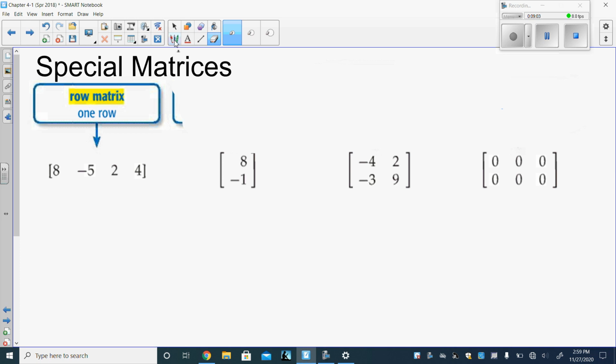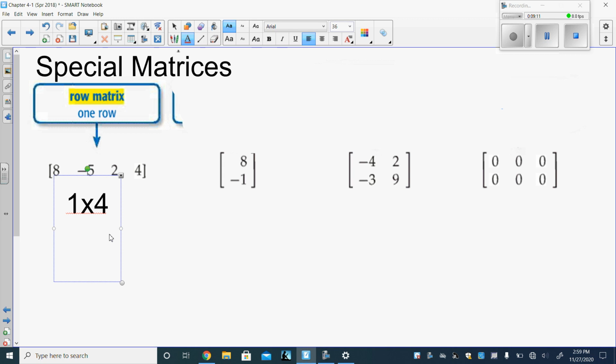This here, if we actually gave its dimensions, would be a 1 by 4. 1 row, 4 columns. Or really any row matrix would be 1 by m. It's going to have 1 row and however many columns. So we can make it as big as we want. We can have a 1 by 1, we can have a 1 by 4, we can have a 1 by 200. It would be a row matrix.